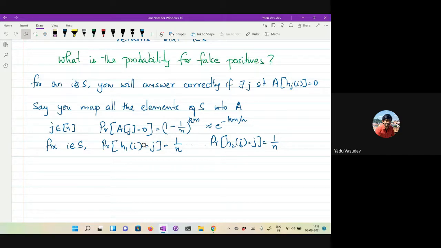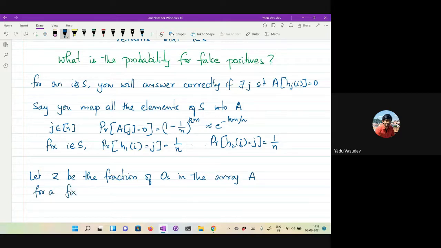So what are we interested in? Let Z be the fraction of zeros in the array A. Okay. Now for a fixed i not in S, what is the probability that i is a false positive?